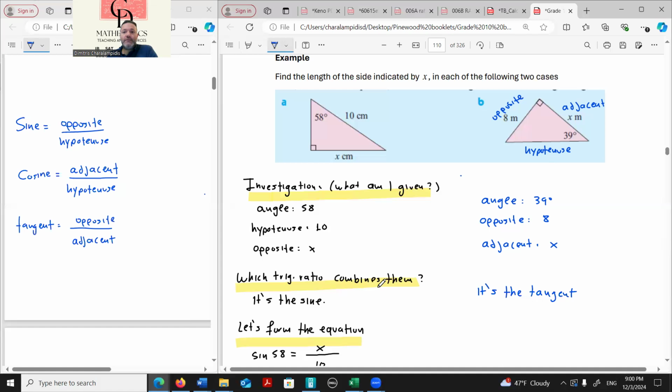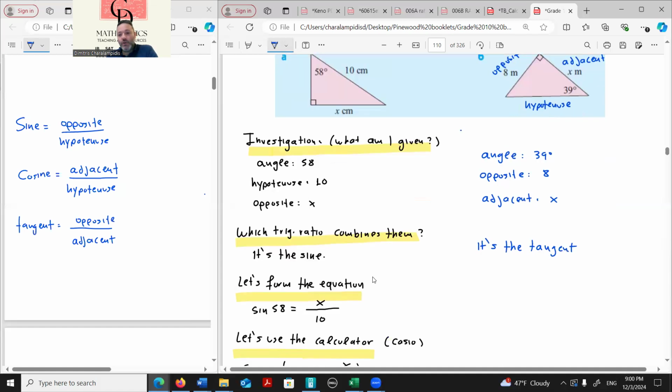Let's form now the equation. We know the tangent of an angle. So in our case, tangent of 39 should be the ratio formed by the length of the opposite, which in this case is 8, over the length of the adjacent, which in this case is x. I have the equation.